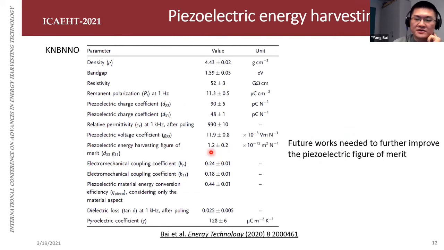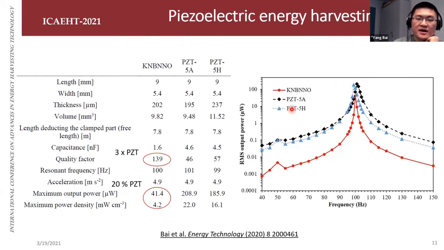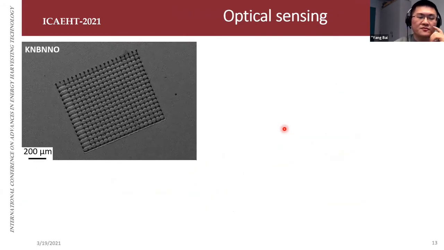So if we can imagine that we improve this in the future, it can probably go to the same level as PZT. However, at the same time, you can use it for light sensing, actually optical sensing, because of its low band gap. And how we do that, I can show you here.